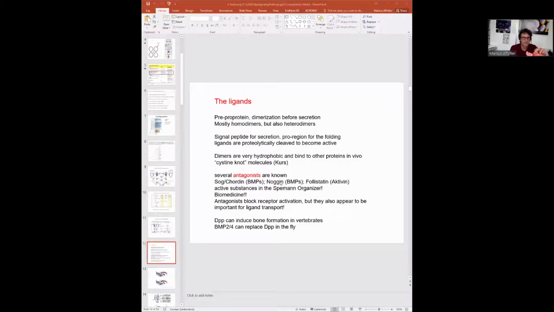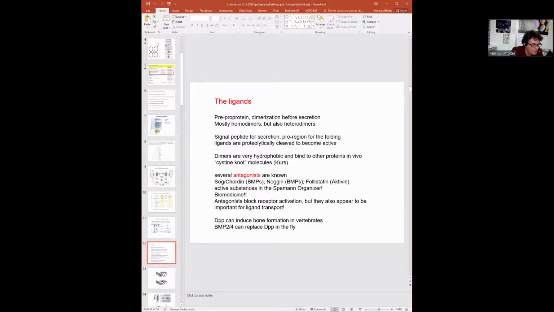In fish, the antagonists are made only on one side of the embryo and not on the other side. So the molecule cannot bind to the receptor on one side of the early fish embryo, but it can bind on the other side. So there are various ways you can regulate the activity of these ligands. The best way is antagonists. Antagonists block receptor activation because they mask the sites where the receptor would bind.